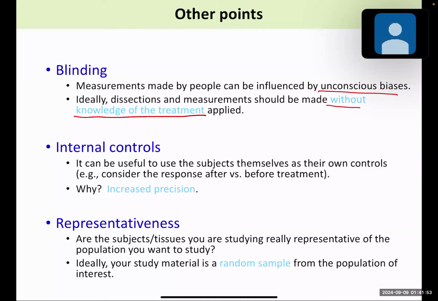And you can also apply internal controls. They can be useful to use the subjects themselves as their own controls, right, in order to increase the precision. Internal controls can also be used for chemical analysis. So for example, let's assume that you want to measure a mass spectrometer of an unknown sample X, right?